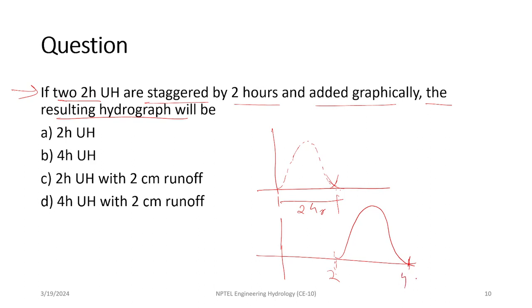Now I will be reaching up to how much? What will be the duration here? If I am lagging this unit hydrograph by 2 hours, then what will be the duration now? 4 hours. 4 hours. That's good.